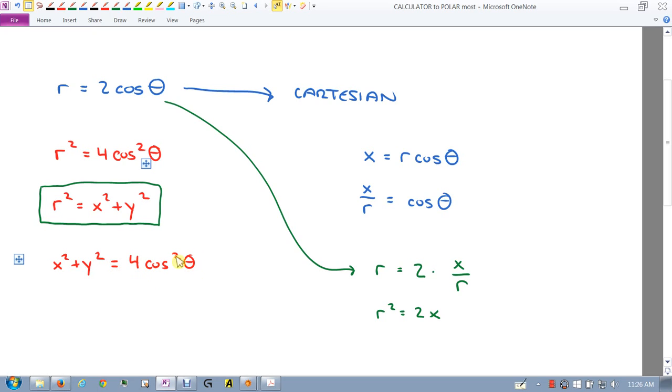So now I'm trying to get this cosine theta to somehow have an x in it. I use this relationship over here, but when I do, I realize that I actually could have replaced this r squared with what? 2x. And so this equation right here would just turn into 2x equals x squared plus y squared.